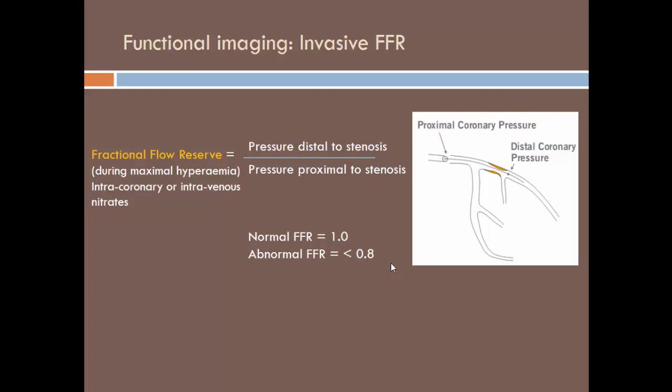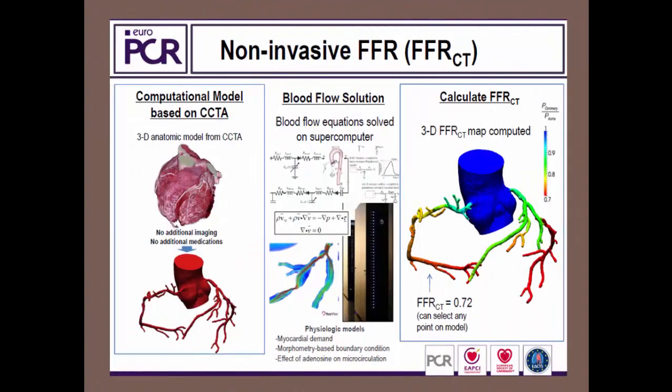With different trials like the DEFER trial and the different FAME trials, this has now become the method of choice to assess the functional significance of intermediate stenosis in the cath lab. Now, some of you might have heard that we can do a non-invasive FFR on CT angiography as well.